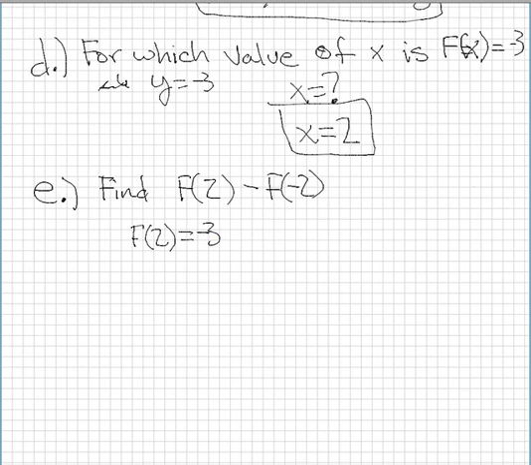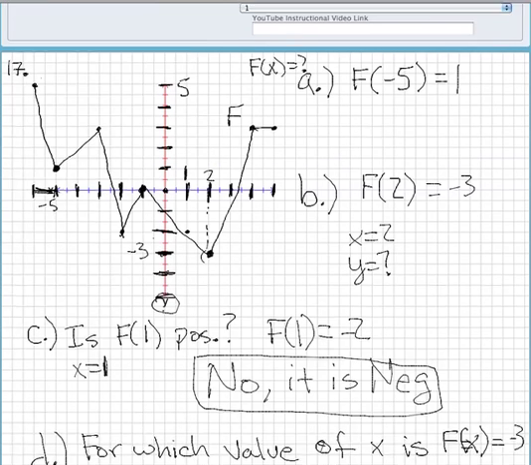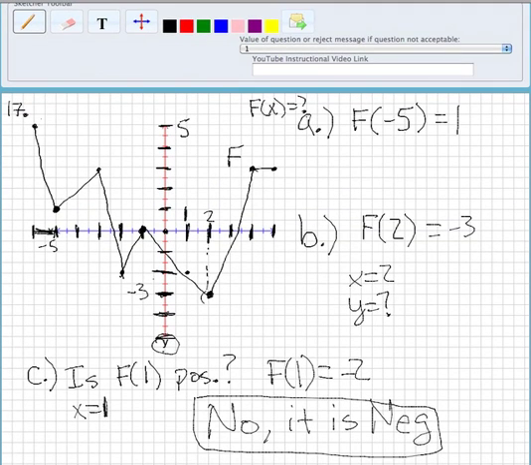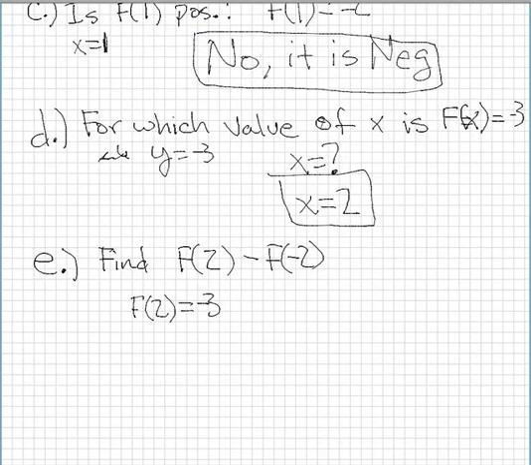And then let's look at f of -2. So we go from the origin to -2, the x coordinate, and then go down. And that's going to be at -2. So f of -2 is going to equal -2. And we get that from the graph. We get all these from the graph.